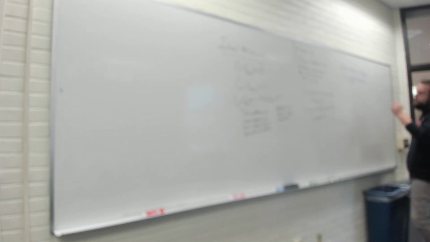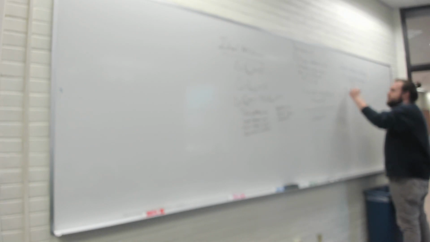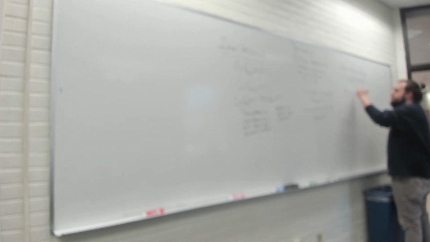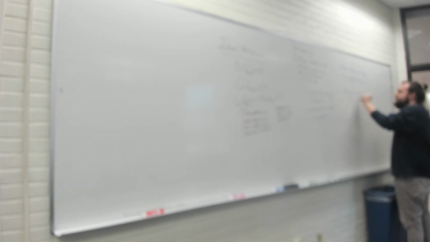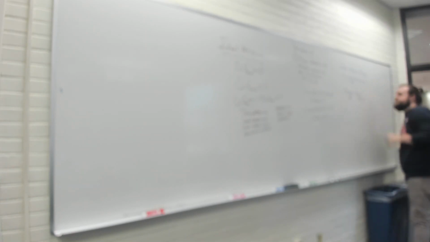So a great example of that is mixtures of benzene and toluene. And these, of course, don't look all that much different. The only difference is one's got a methyl group and one doesn't. And these tend to mix ideally.